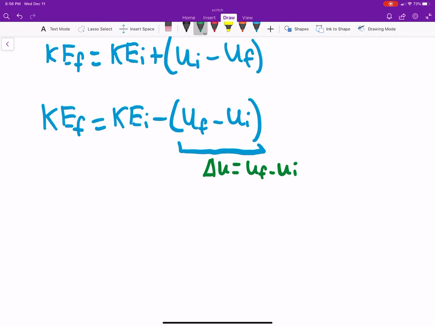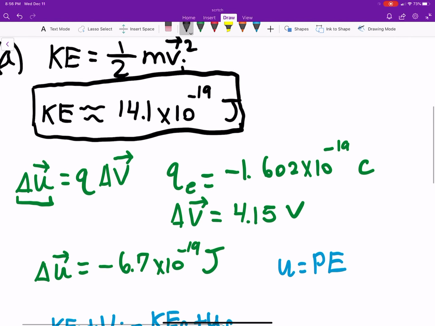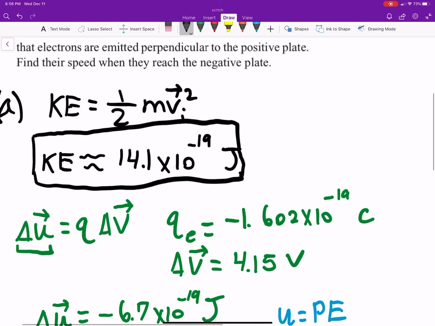Okay, so what we have is that our kinetic energy final is just equal to kinetic energy initial minus our change in U, our change in potential, I should say. Well, let's see what we have. We know our change in potential, and I should make a note that this is our initial kinetic energy, and we found the initial kinetic energy.